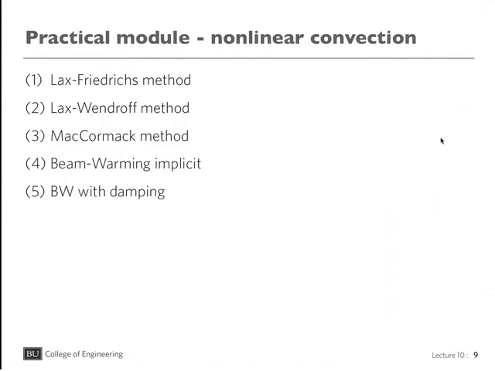Let me go back to write. Okay, so the practical module consists of doing this nonlinear convection. And remember, we introduced this in the last class. Our initial condition is going to be basically a traveling shock wave, a traveling shock. We have the value 1 and the value 0, and this is 2 and 4.